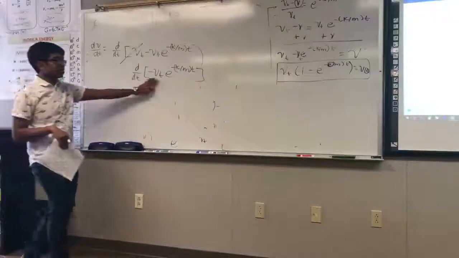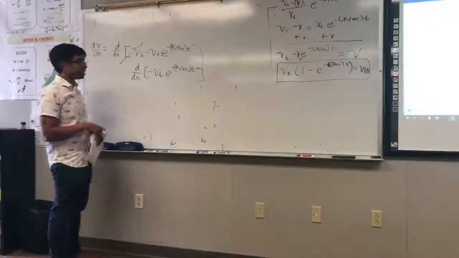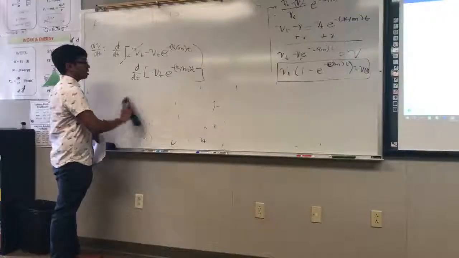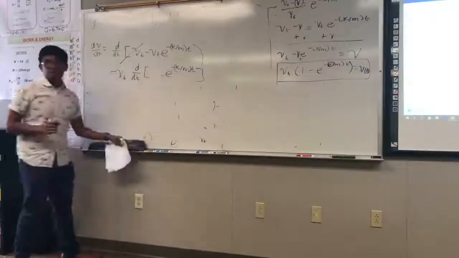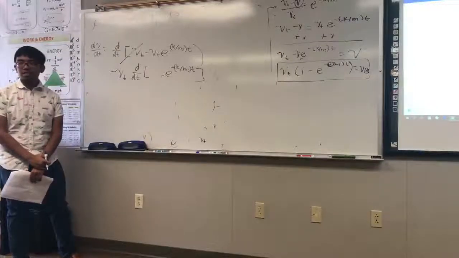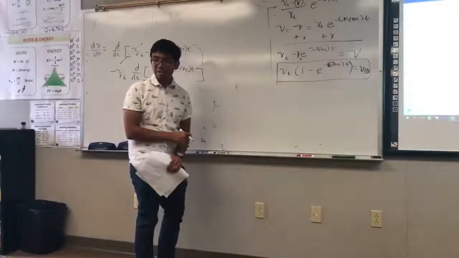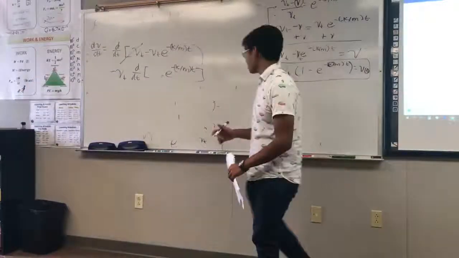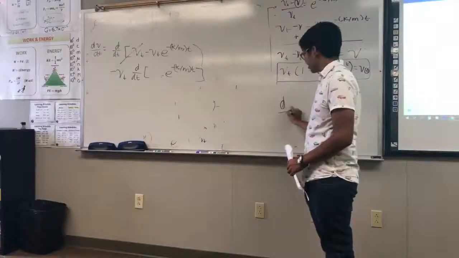I can take out minus Vt in here, because Vt is a constant. And does everyone know the derivative of e to the x? It's e to the x times the derivative of x. They give this to you in your equation sheet, because they give everything in your equation sheet for some reason. I think it's because they just know you won't have time to read it.